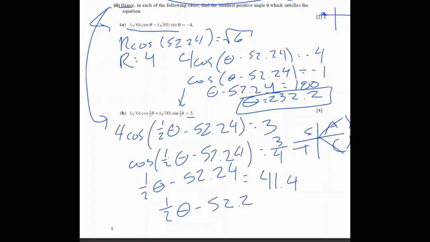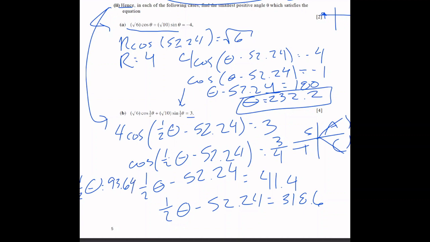So I have all of this previously, and it also equals 318.6. Oh, I don't have any more room on the page. Oh, that sucks. I'm going to add 52.24 on both sides. 1/2 theta would be equal to 41.4 plus 52.24, which is 93.64.